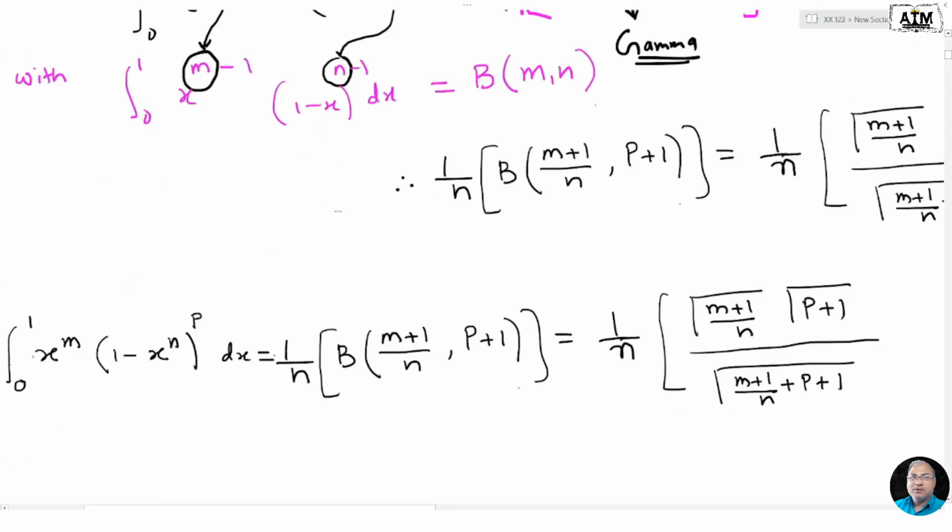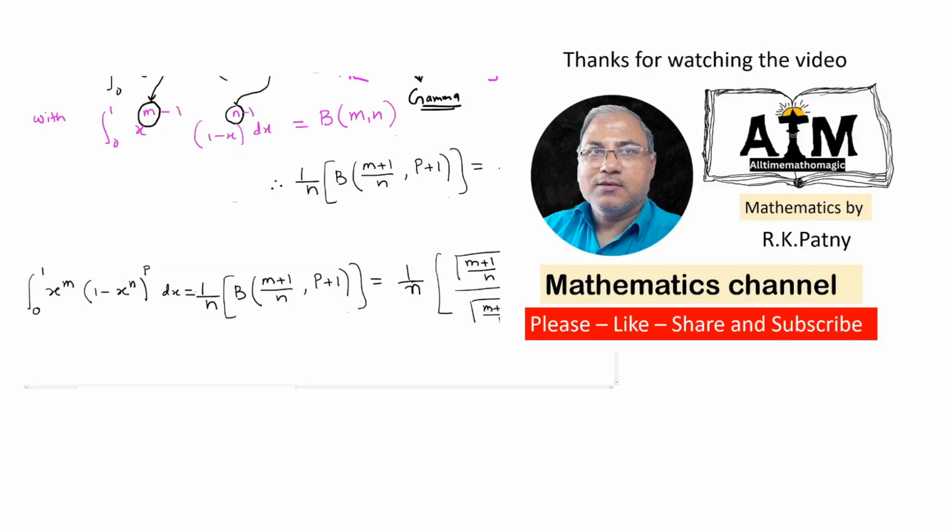Therefore integration 0 to 1 x raised to m, (1 minus x raised to n) to the p equals 1 upon n, beta form, equals 1 upon n gamma form. In this way we have converted beta to gamma and we obtain the integration result as well.